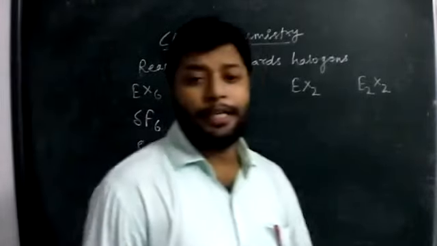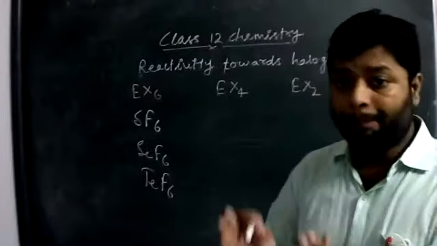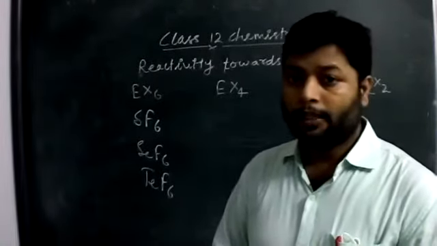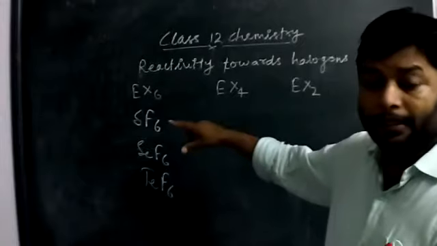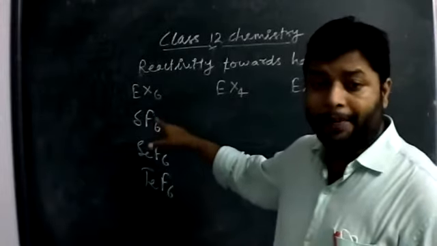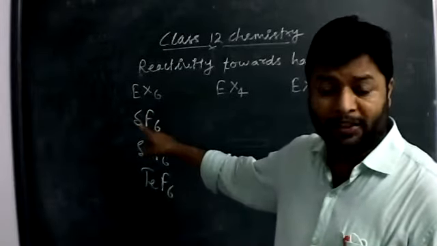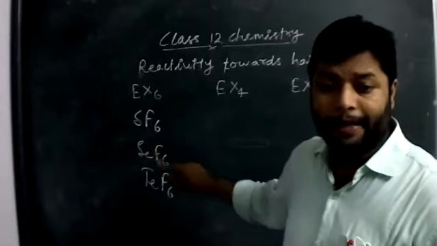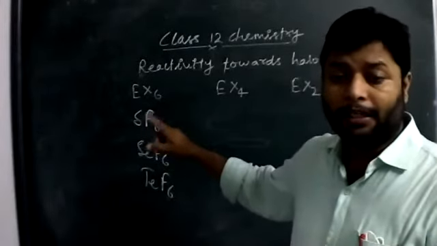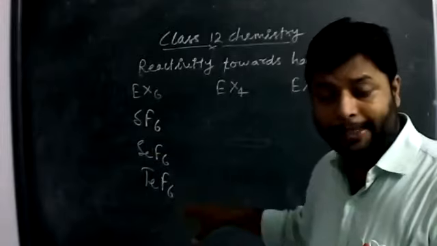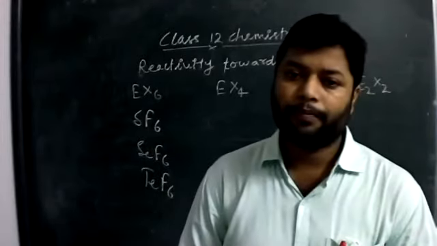First we are dealing with the hexafluorides. Students, you have to learn here that the fluoride ion has a greater tendency to overlap with sulfur than with selenium and tellurium. This is the reason why SF6 is more stable than the other fluorides of the same group.